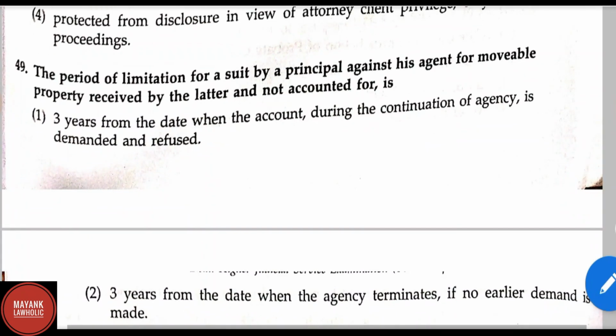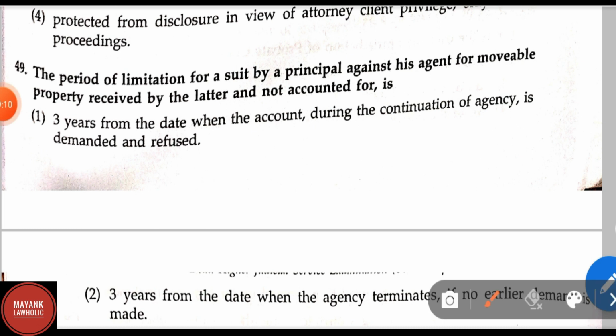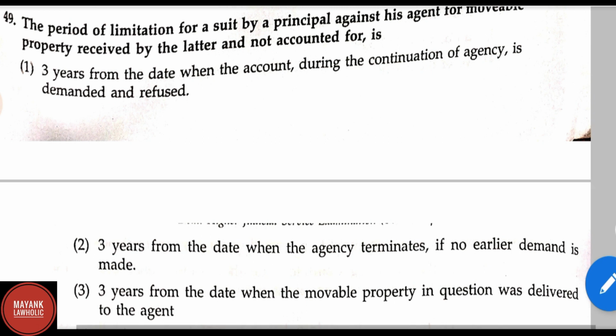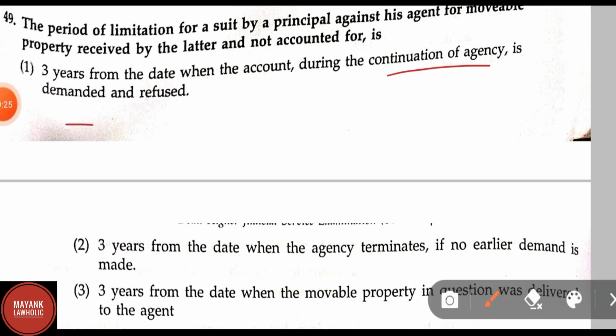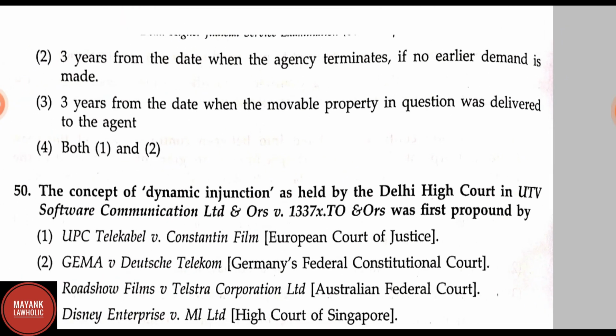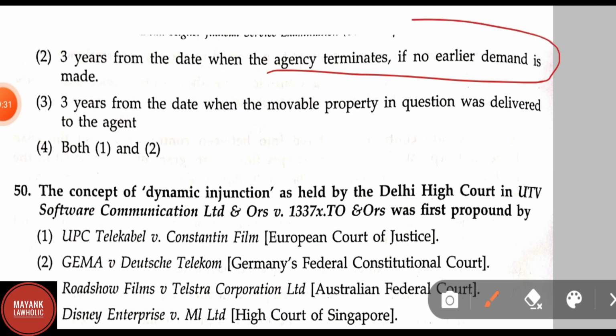Question number 49. The period of limitation for a suit by a principal against his agent for movable property received by the latter and not accounted for is: option 1, 3 years from the date when the account during the continuation of agency is demanded and refused. Option 2, 3 years from the date when the agency terminates if no earlier demand is made.